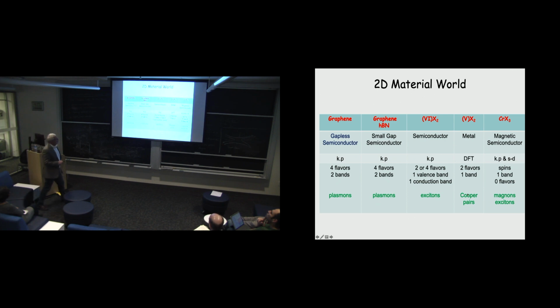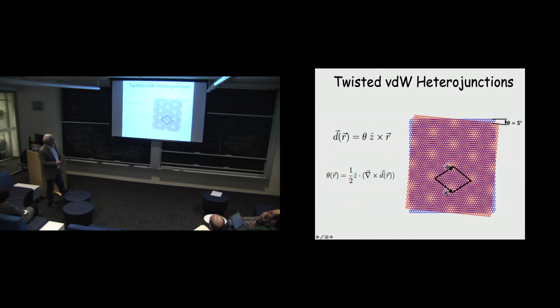So let me start with the simplest case, and I'll explain why it's the simplest case in just a moment. One idea that I will use is that when you form these Moiré superlattices, locally, you can think of the local change of the system simply as a local translation of one crystal relative to the other.